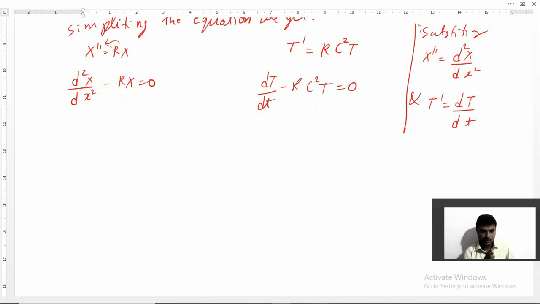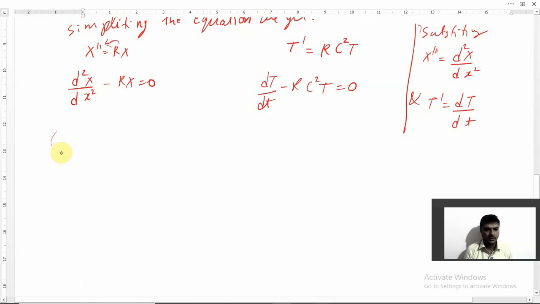R is negative when, as the distance increases, the temperature decreases, so it is in the opposite direction. And if there is no temperature in the rod, what will be the specific heat? R will become 0. So these three conditions I am going to apply one by one.